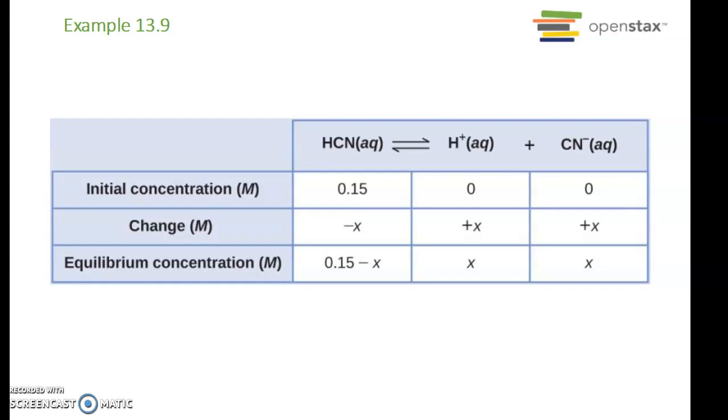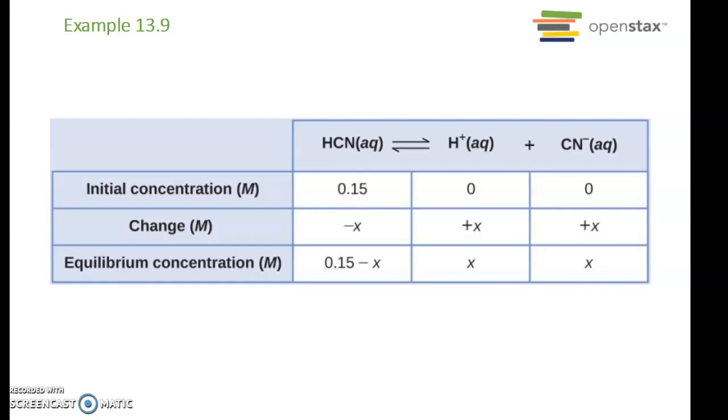So when you multiply the denominator, the 0.15 minus x, times that, you're going to end up with a very, very small number. And so when you work it out with a quadratic equation, the x squared is going to be extremely small compared to the 0.15.